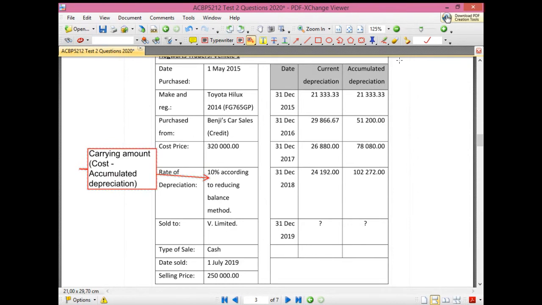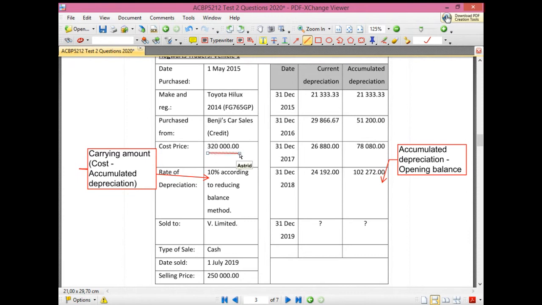Now, when they give you a table like this, this would be your accumulated depreciation, your opening balance that you would apply to the cost, and the cost is what they have given to you here. So that is the cost amount.